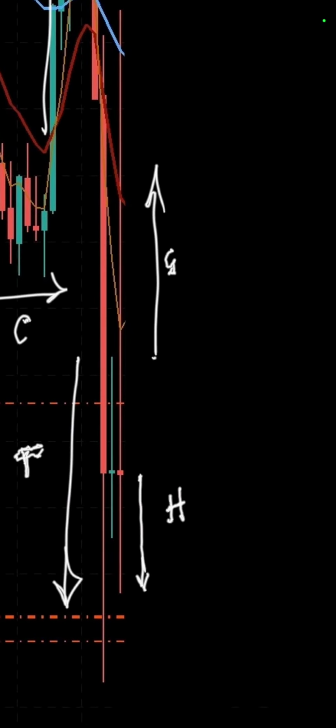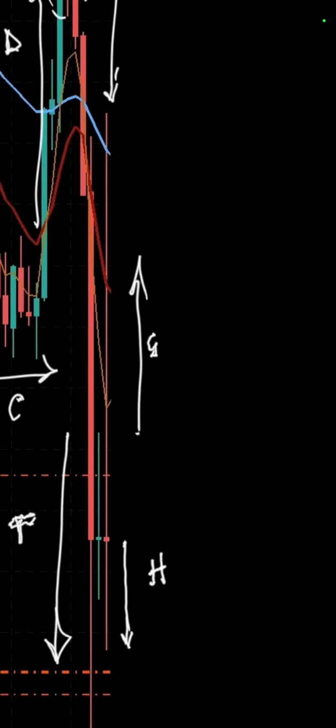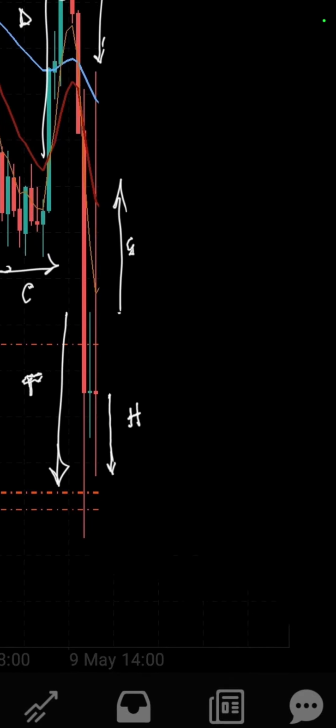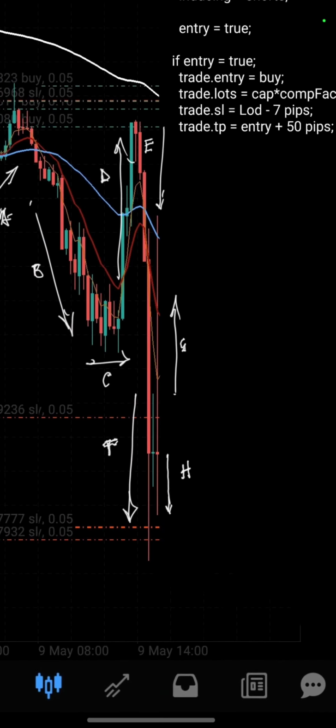Price has basically dropped all the way from the point it had reached in G, down to almost reach the point that the arrow F had reached, the lowest price of the day. So this is what we call the W formation, or the double bottom formation. At this point, this is the safest point where we can place our buy orders.